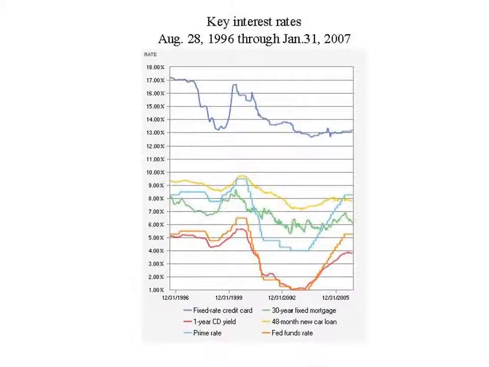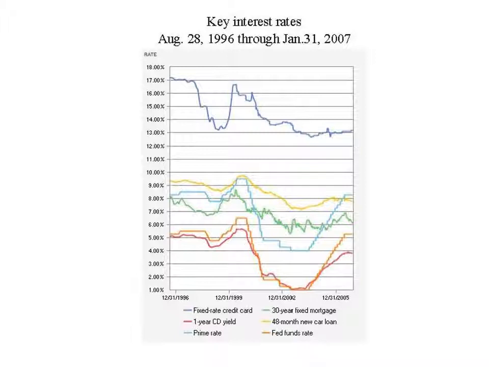This is a good slide. The next slide shows you the relationship between some of the interest rates in the economy, right? The most important ones here are the Fed funds rate and the prime rate. If you look at the relationship between those two interest rates, from about the end of the year in 1996 all the way up through 2005, you can see that they're almost mirror images of one another.